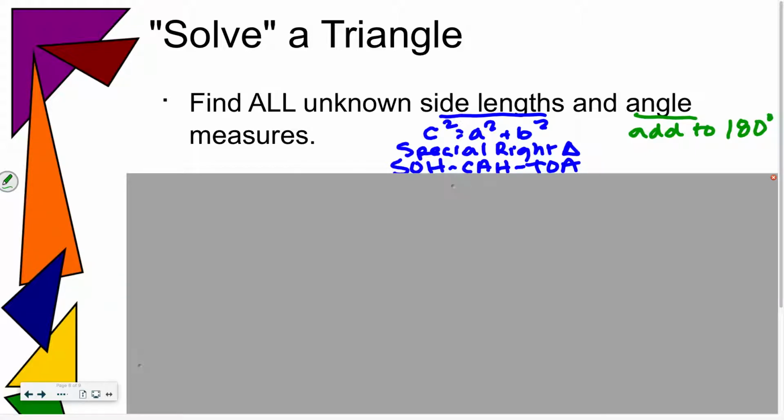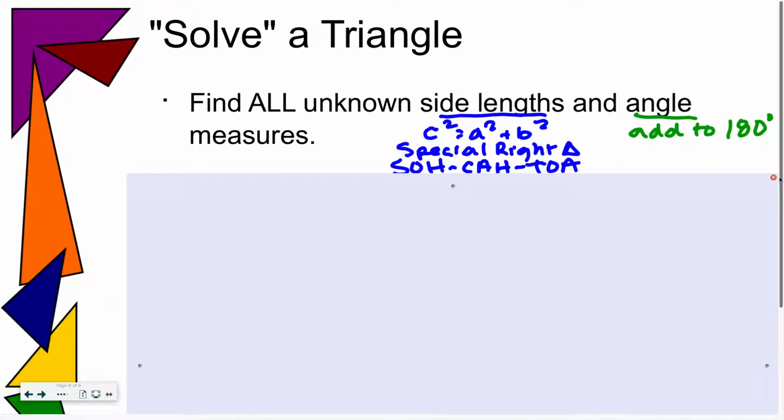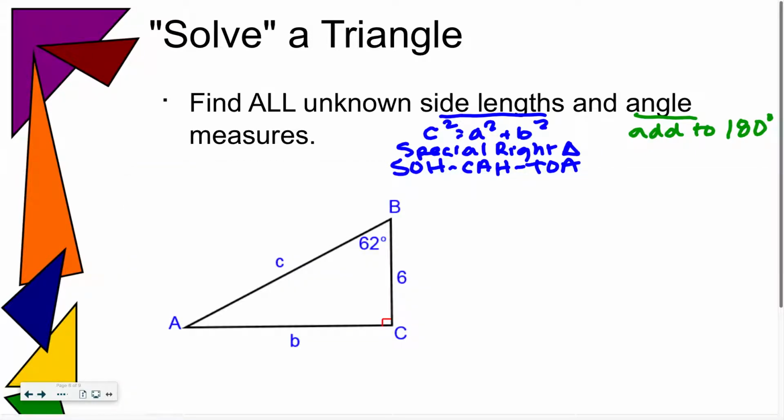Okay, so here's a problem. I think I only put one problem like this on your homework because I like word problems way more than this problem, as I'm sure you do too. Always enjoy a word problem. Okay, but I really do like the word problems.